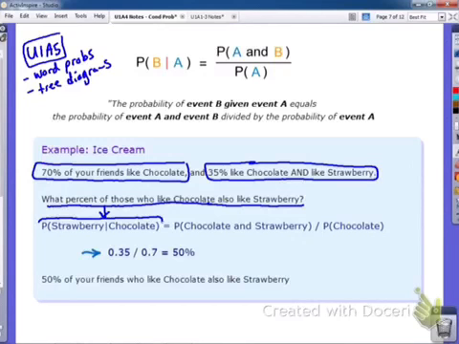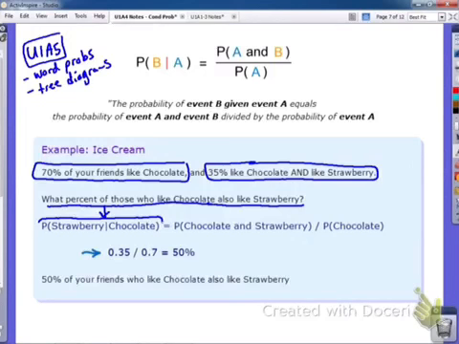What percent of those who like chocolate? Like, that's given. Do you agree? They already like chocolate. That's what we can assume. What percent of those also like strawberry? So the question is, what's the probability of selecting someone who likes strawberry given that they like chocolate? That's how that would be mathematically phrased.